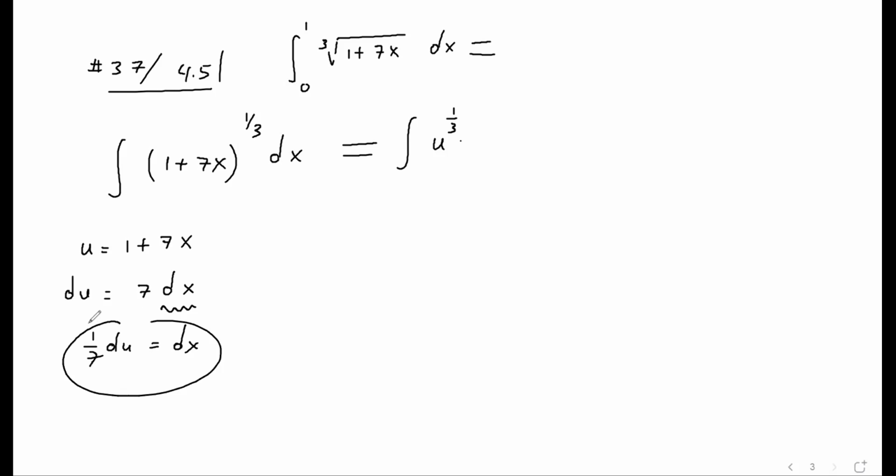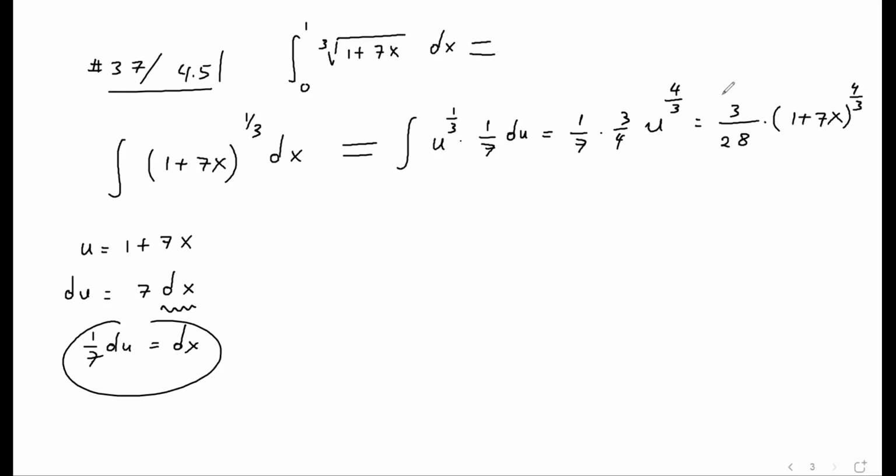So that's going to be 1 over 7 times the antiderivative of u to the 1/3, which is u to the 1/3 plus 1. So that's going to be 4/3 times 3/4. So this is going to be 3 over 28 times u, and u was 1 plus 7x, so 1 plus 7x to the 4/3.